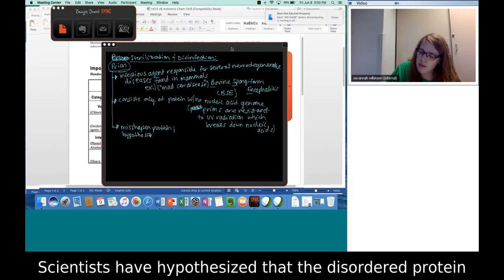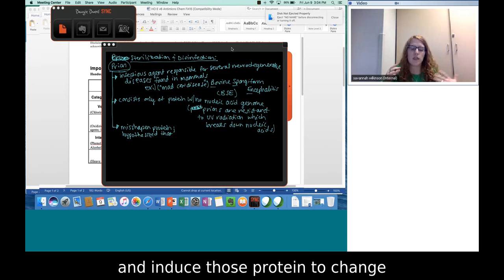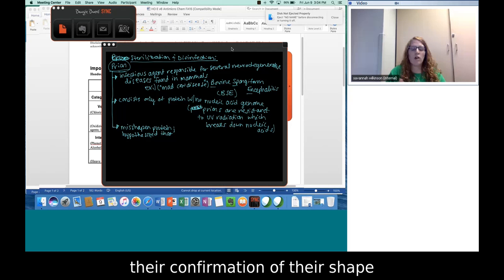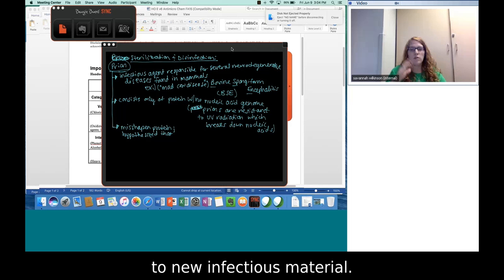Scientists have hypothesized that the disordered protein will bind to other proteins of the same type and induce those proteins to change their conformation, or their shape, which will then cause a chain reaction that'll lead to new infectious material.